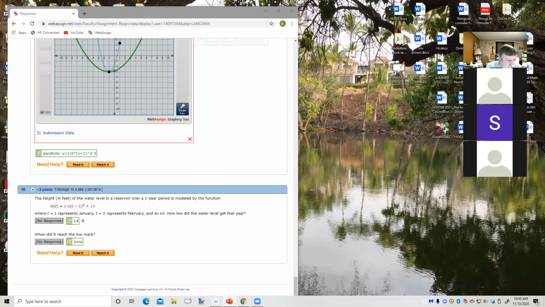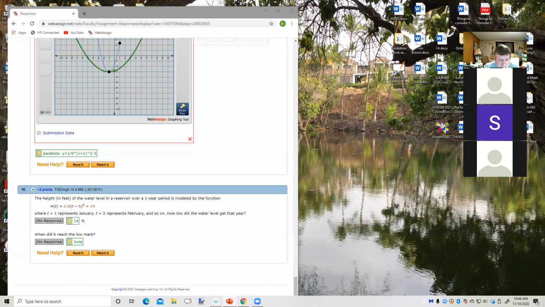18. The height in feet of the water level of a reservoir over a 1-year period is modeled by the function h of t equals 2.9 times the quantity t minus 6 squared, plus 14, where t equals 1 represents January, t equals 2 represents February, and so on.